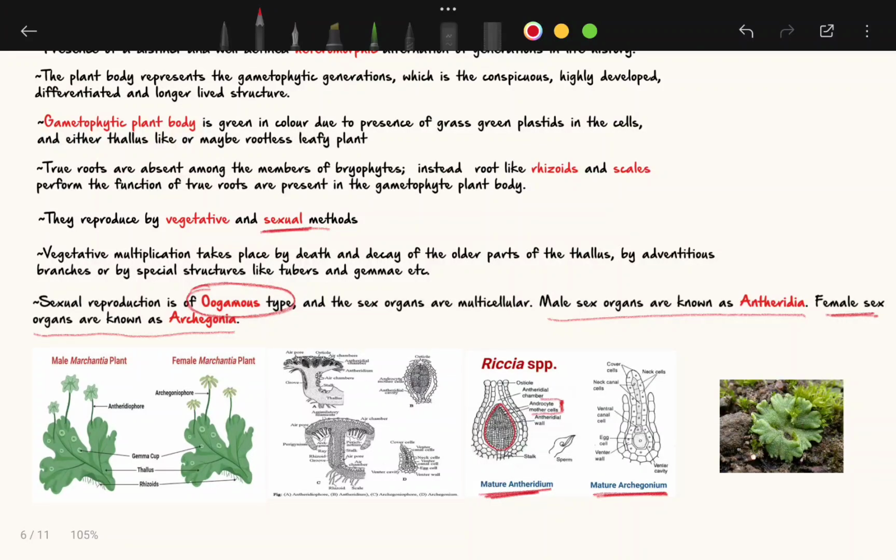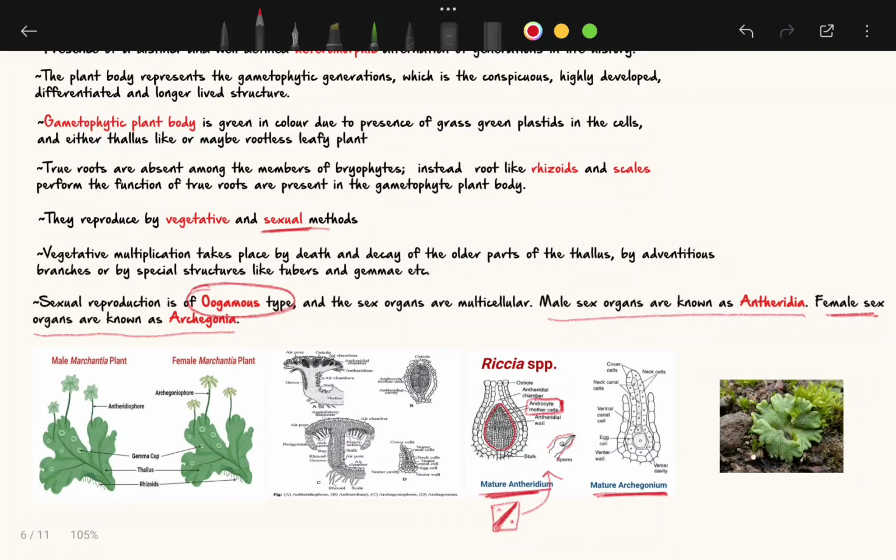Each of these androcyte mother cells will undergo one single diagonal division, and each of these will give rise to a sperm. In bryophytes, the sperm has two flagella.